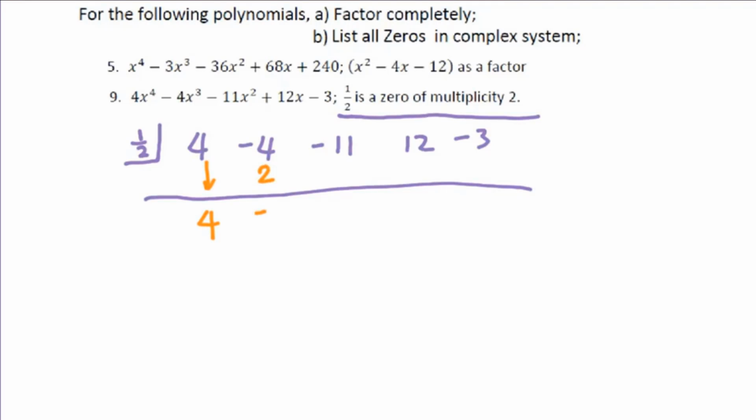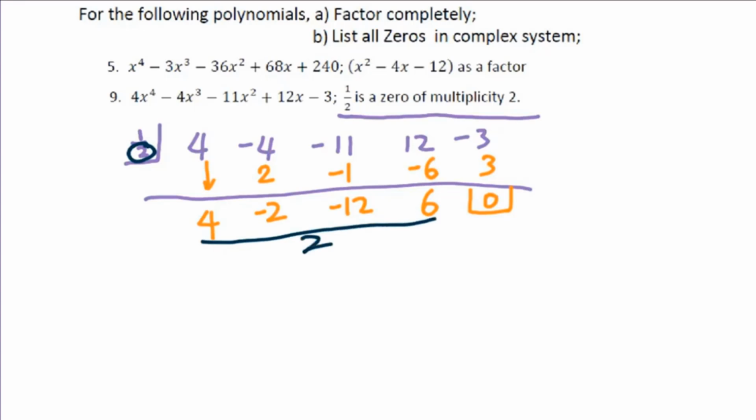There we got 2, negative 2, negative 1, negative 12. Then negative 6, 6, 3, we got 0. Since your denominator is 2, we need to divide by 2 once. We got 2, negative 1, negative 6, 3.